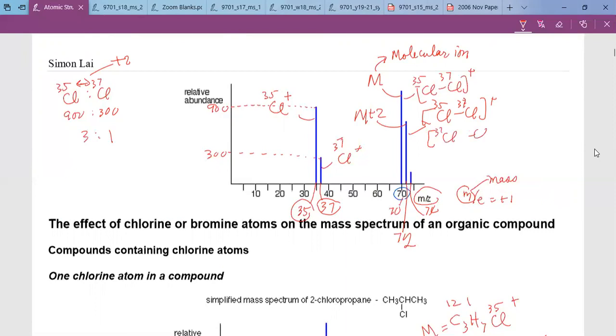Cl37 and Cl35 plus, because they both give you a mass of 72. 35 plus 37 is 72. And this, of course, is 74, which is M plus 4. Now this M plus 4 is actually A2 level, but the teacher might as well teach you more. It must be Cl37 and Cl37 positive.